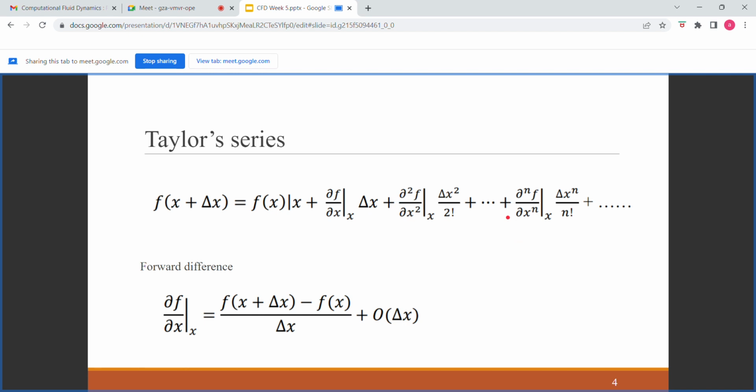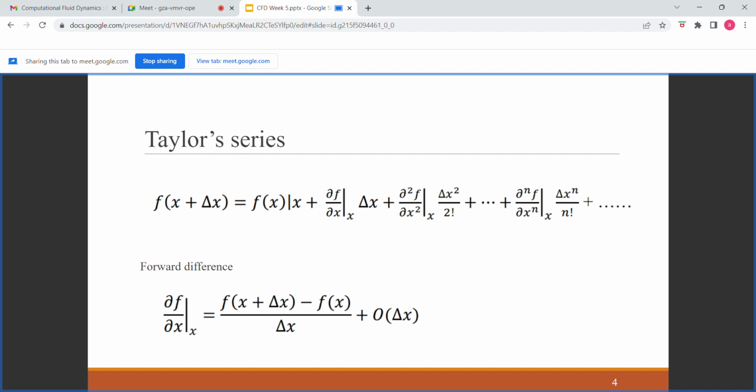The main thing to be noted is the accuracy depends on how many terms we are including in the Taylor series expansion while using different schemes. When converting the partial differential equation, partial derivatives to algebraic expressions, we are using three different schemes. One is forward, backward, and the central difference schemes.